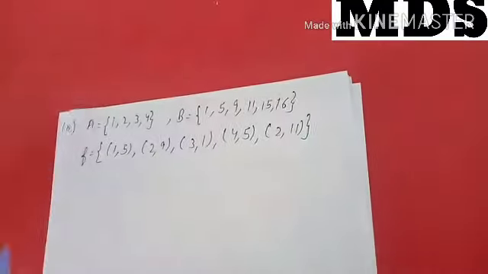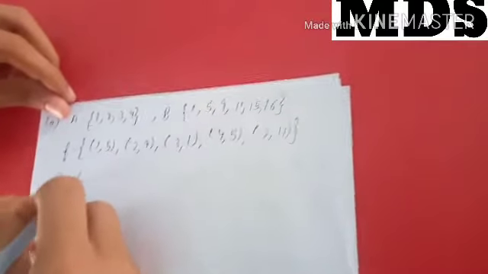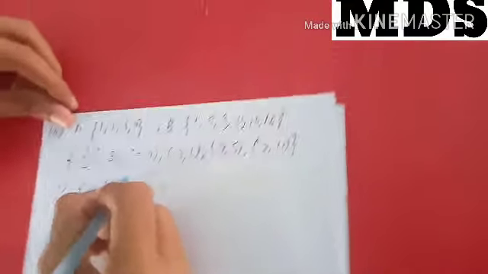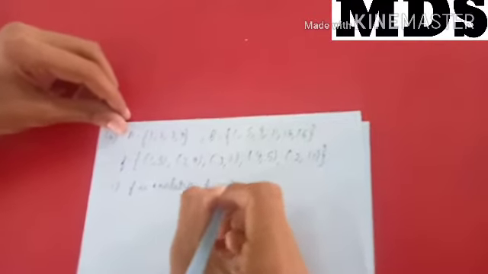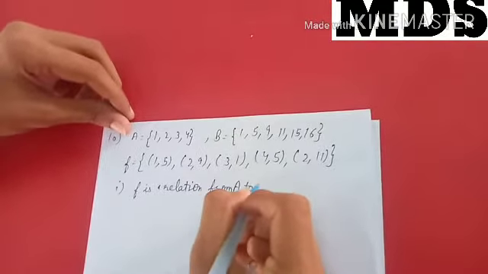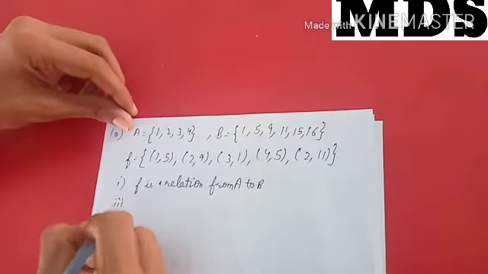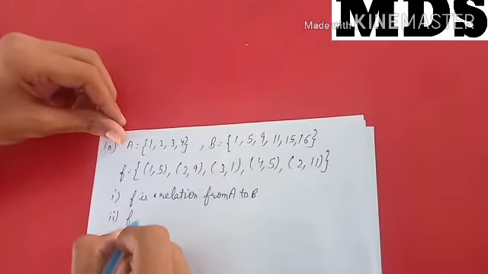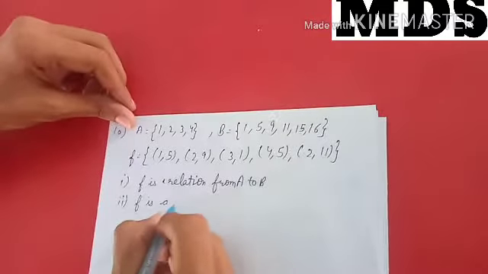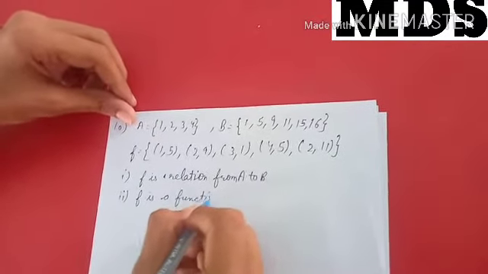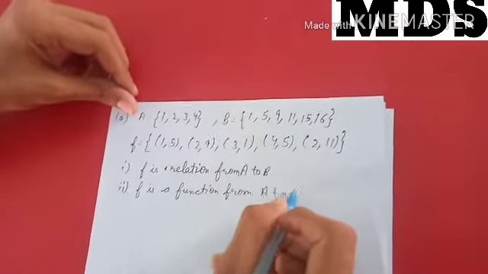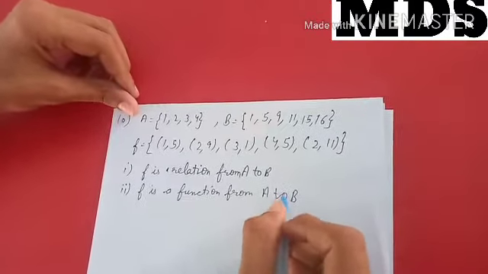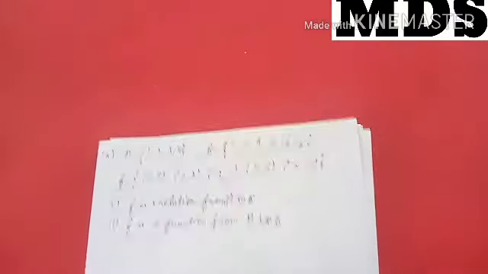Now they are asking us two things about F. First, is F a relation from A to B, and second, is F a function from A to B. Okay, we have to check these two things.